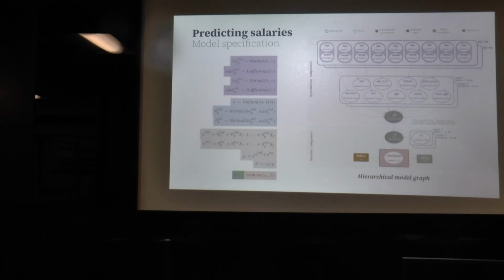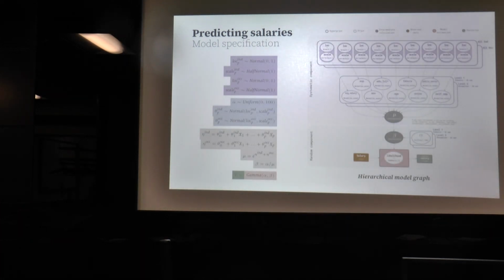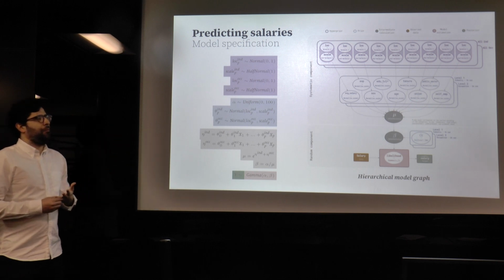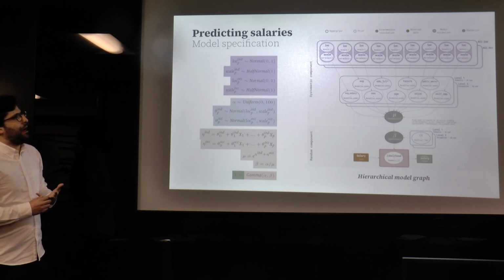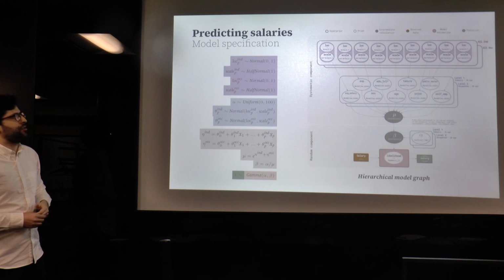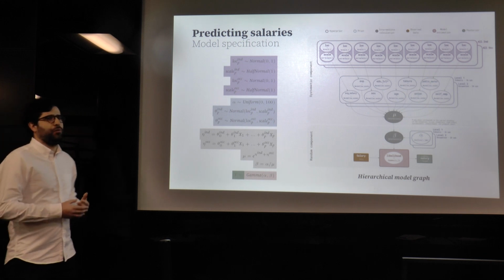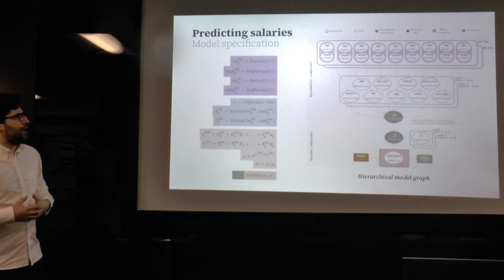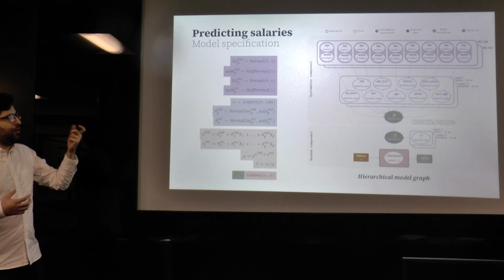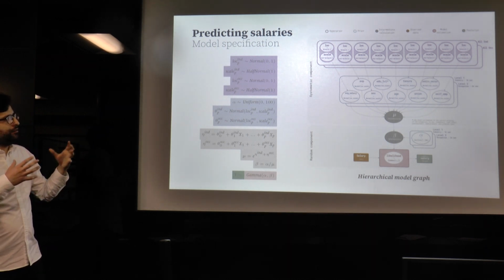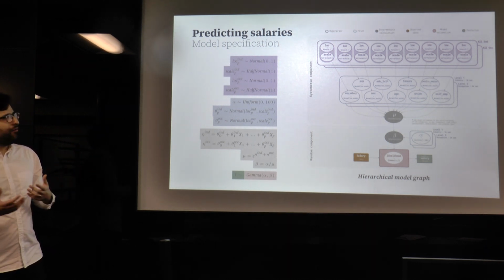This is how the specification of this model looks, just the hierarchical model. As you can see, in Bayesian statistics we use a programming paradigm called probabilistic programming, in which all random variables are nodes, and the problem can be expressed as a graph.